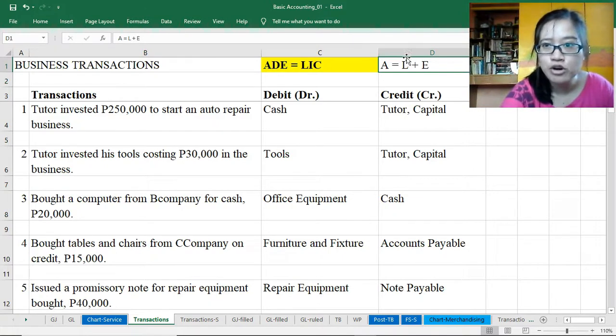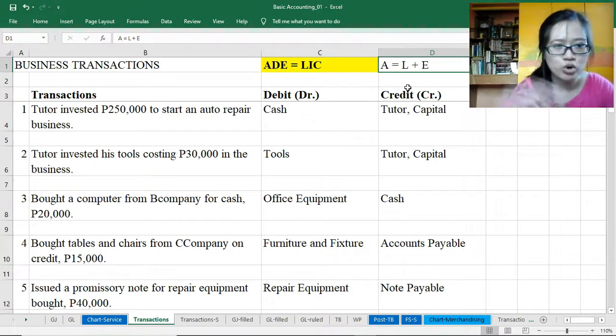And then for liabilities, utang, di ba normally we have accounts payable, notes payable, loans payable, banks payable, and mortgage payable. And then for equity, we have the capital, and then the contra account, drawing, and then we have the income summary kung saan kino-close yung revenue and expenses account.